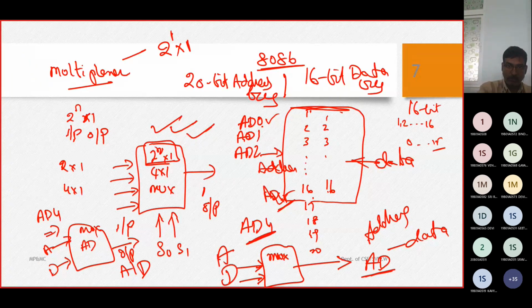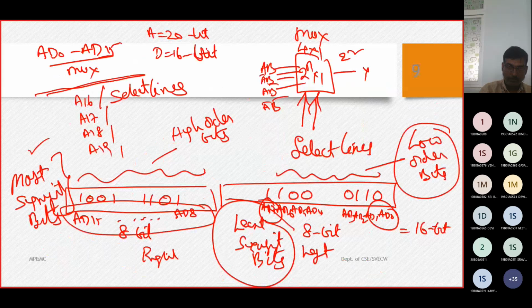I was mentioning A, B, A bar B, A B bar, A bar B bar. So we get 4 inputs for a multiplexer, based on S0 and S1. Then we get the output. So how are we getting these 4 inputs? We get them with the select lines.